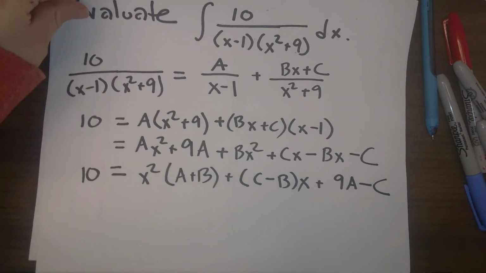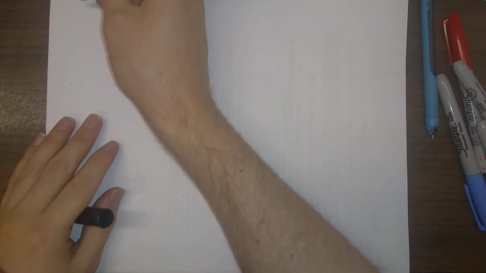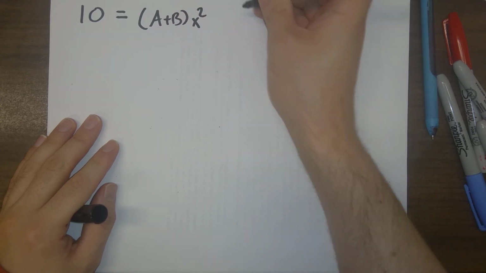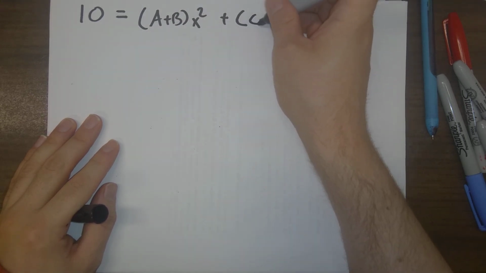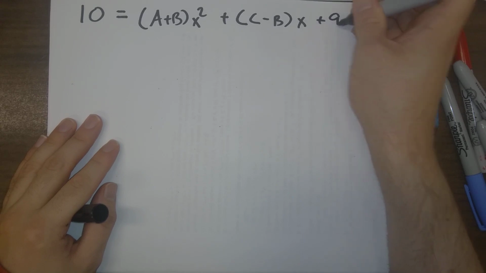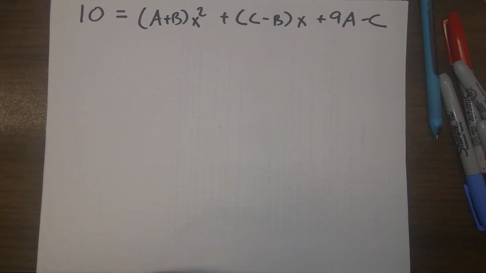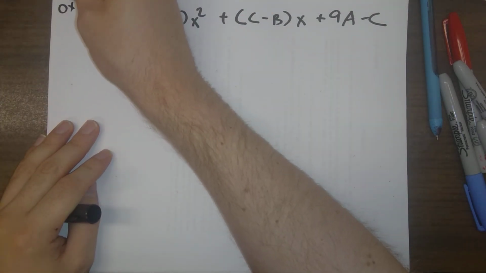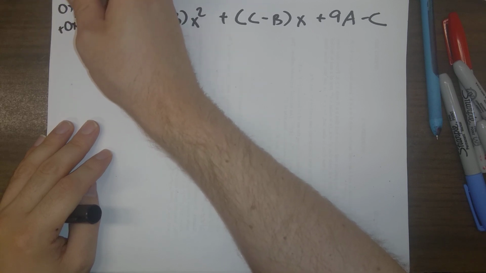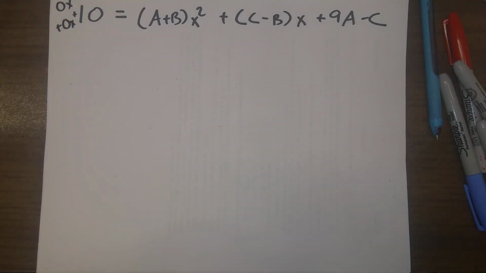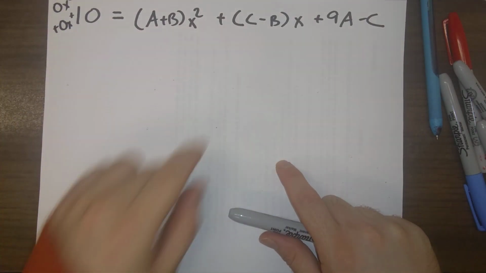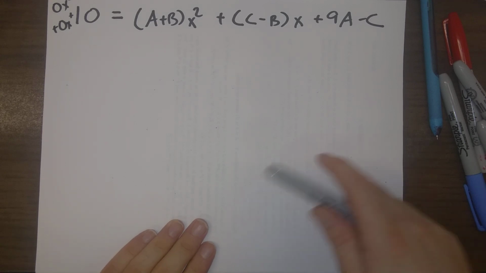Let me recopy that on a new slide. 10 is equal to a plus b times x squared plus c minus b times x plus 9a minus c. Now let me make a little change on the left to underscore what we're about to do. This isn't just 10, this is 0x squared plus 0x plus 10. In order for this to be true for all values of x, the coefficients of each power of x have to be the same on both sides.